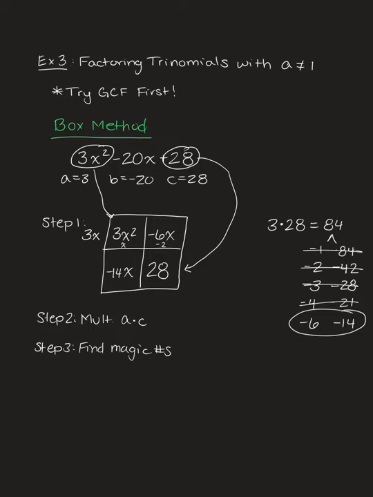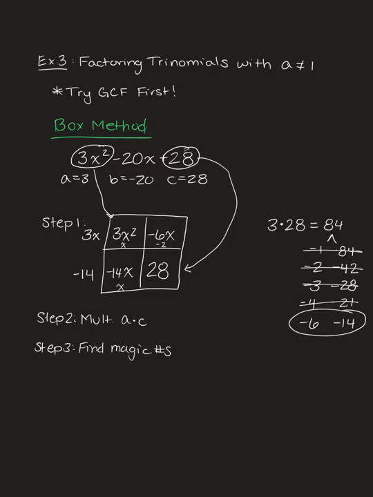Okay? So now I'm going to check the second row. Again, if you have a negative in front, definitely factor that out as well. So between negative 14x and 28, my greatest common factor is going to be negative 14. Now, if I factor out a negative 14 from negative 14x, I'm just left with x.